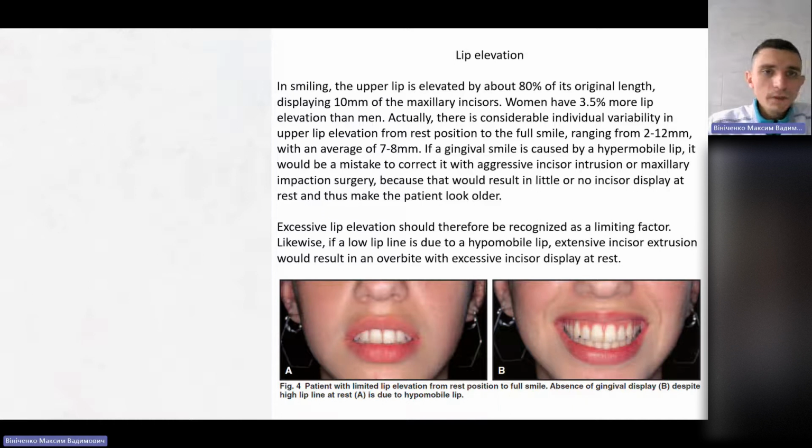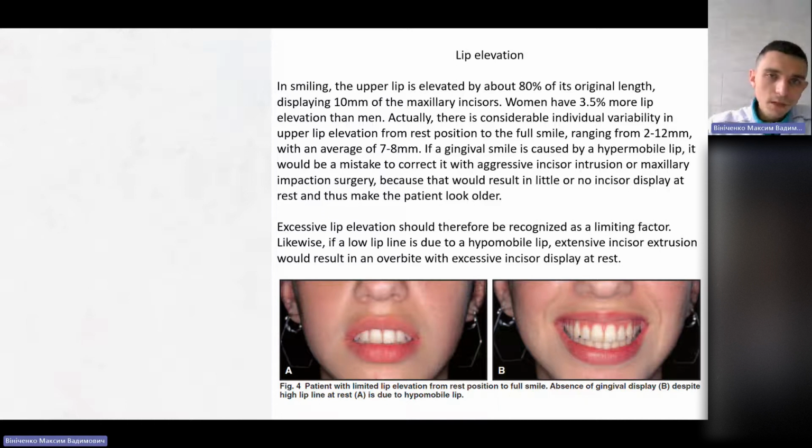In smiling, the upper lip is elevated by about 80% of its original length, displaying 10 millimeters of the maxillary incisors. Women have 3 to 5% more lip elevation than men. Actually, there is considerable individual variability in upper lip elevation from rest position to the full smile, ranging from 2 to 12 millimeters with an average of 7 or 8 millimeters.